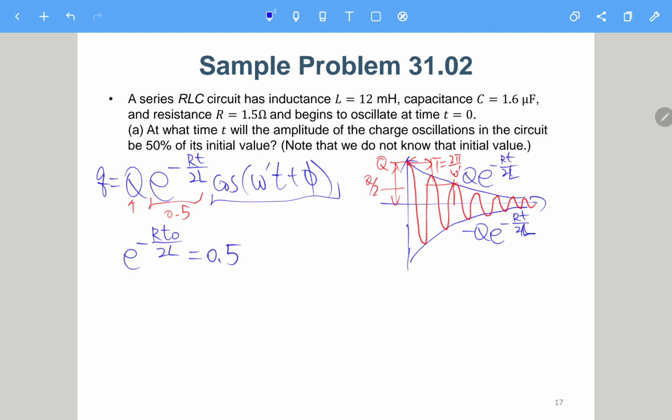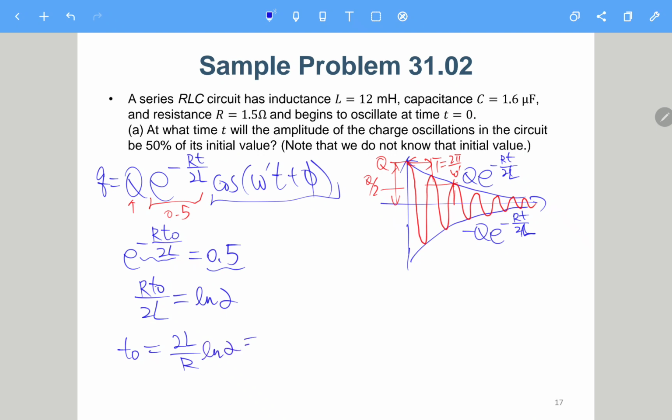We can take the reciprocal on both sides so that the exponent becomes positive and the right side becomes 2, and then take the natural log on both sides. So we have R T0 over 2L equals natural log of 2. So T0 equals 2L over R times natural log of 2.